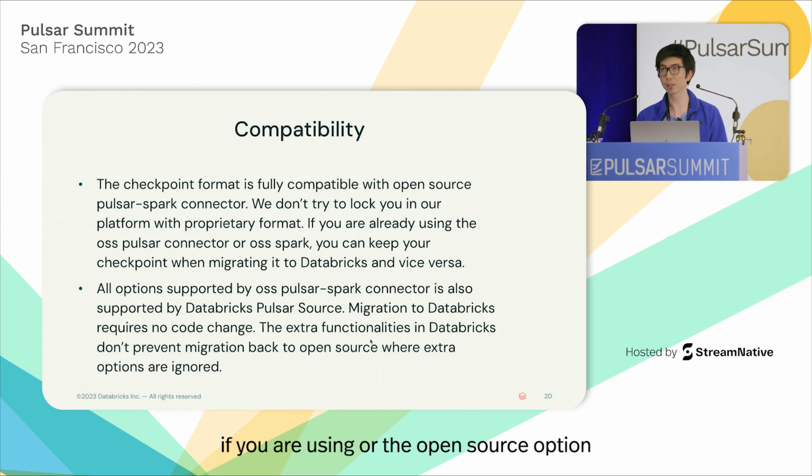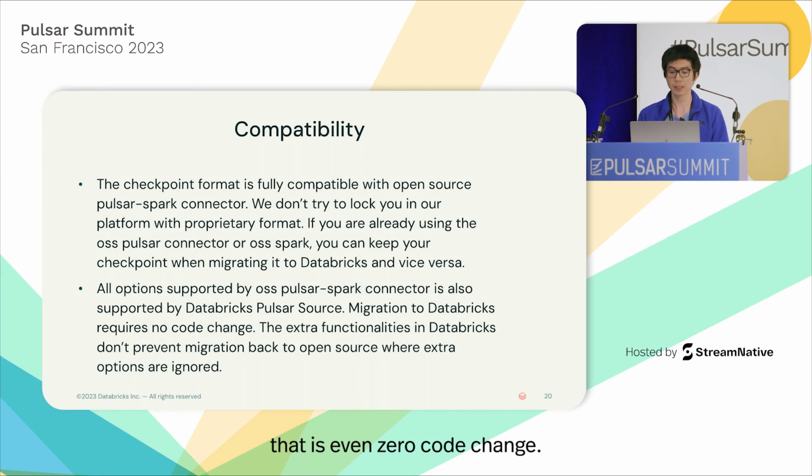And if you are using all the open source options, then it's even zero code change. You can see that there will not be any data loss, and there will not be much manual effort if you're trying to migrate between open source and Databricks, and you can keep both of them and enjoy the benefits of both.